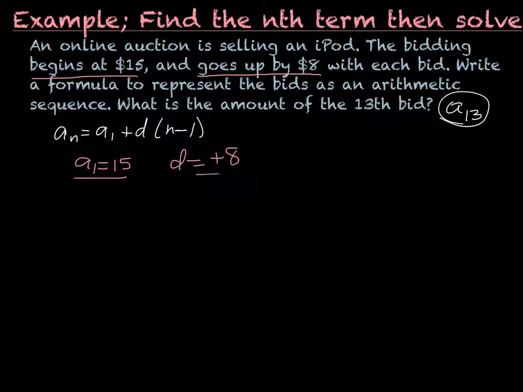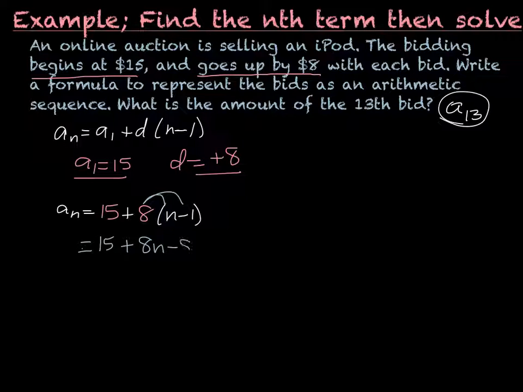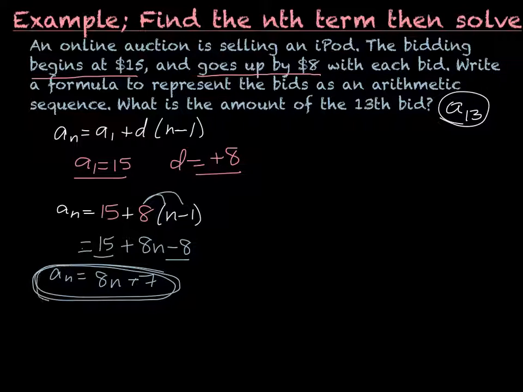Okay, so I have a sub 1 and I have d, so I can put it into my formula. a sub n equals a sub 1 plus 8 times n minus 1. Okay, so when I solve that, I do my distribution and I have 15 plus 8n minus 8. And when I put my 15 and my negative 8 together, a sub n equals 8n plus 7. And that is your nth term of your arithmetic sequence.